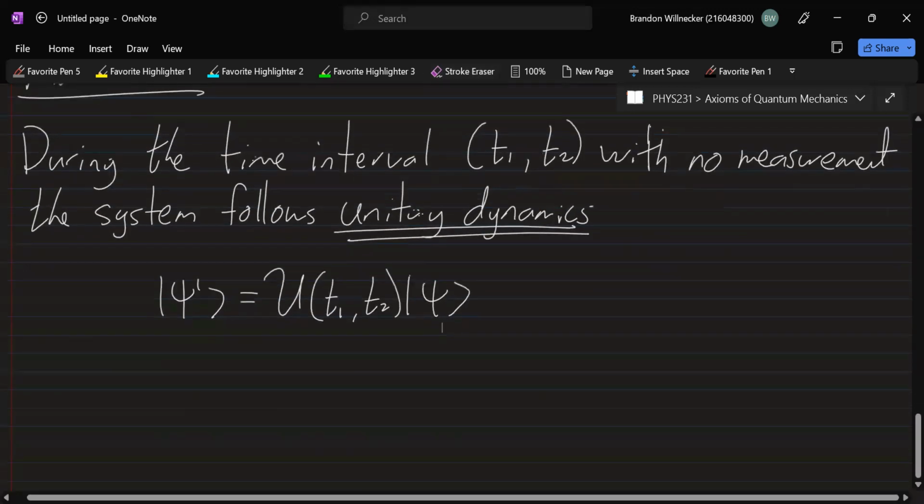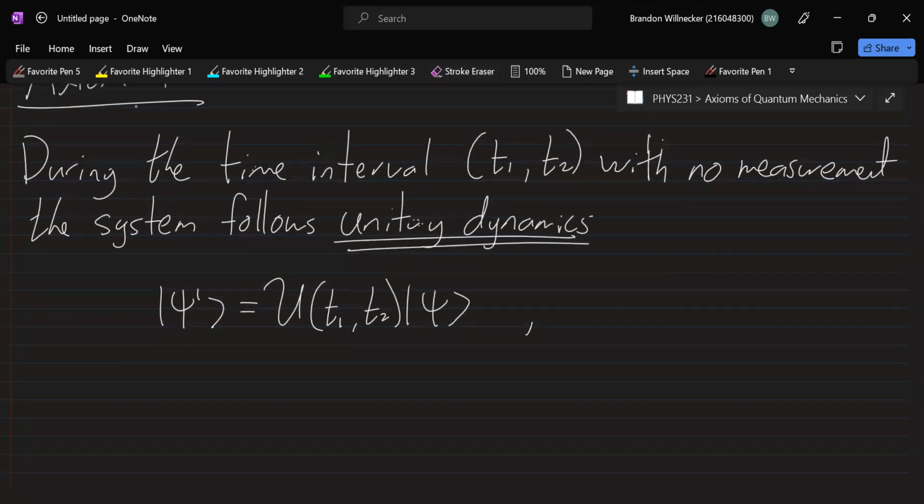We know that this is unitary, which means that U dagger U is the identity. So what exactly is this operator? I'm just going to write it down now. We will see where this actually comes from in the next lecture.